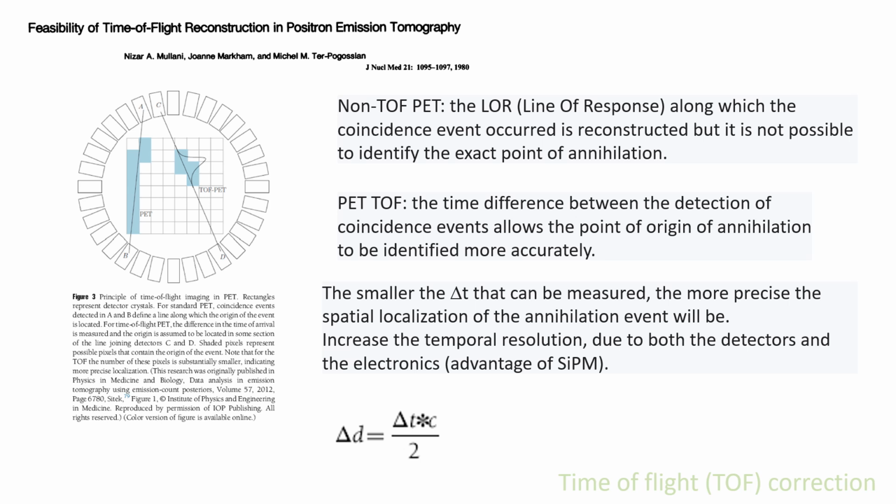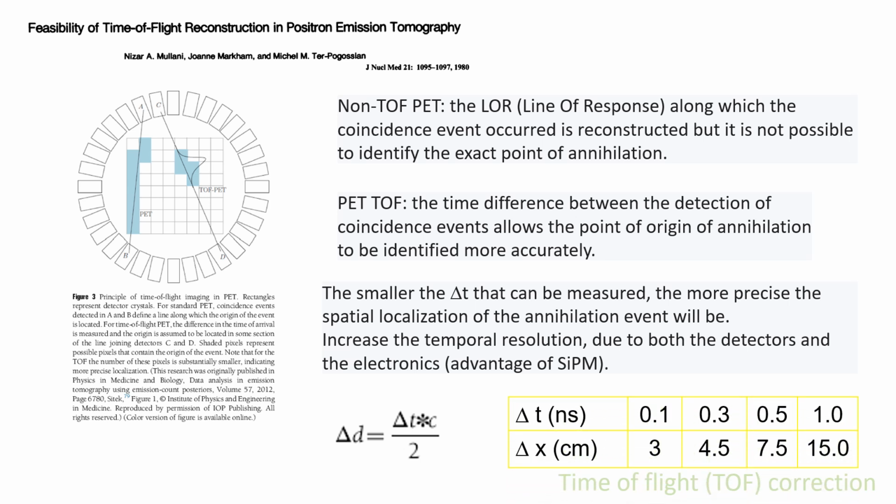Increased temporal resolution is due not only to the use of different crystals, but also to the introduction of new electronics with the use of digital detectors. In BGO scanners, the correction for time-of-flight, which was not available due to the long decay time, is becoming available with the new artificial intelligence tools.